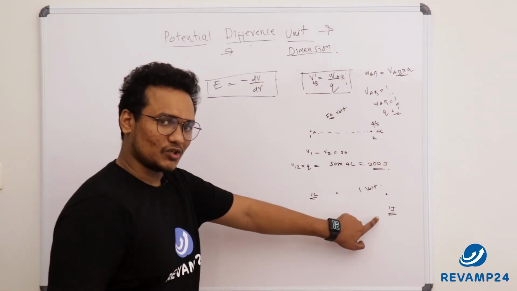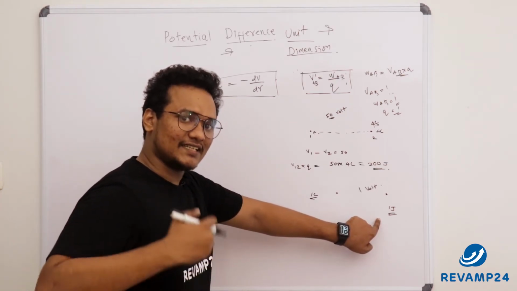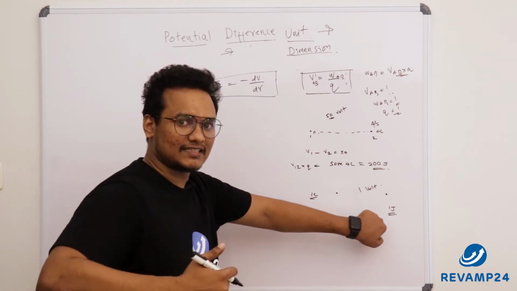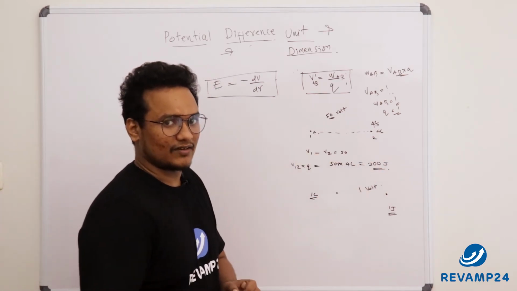What is 1 joule? 1 joule is the work done or change in energy. Here, change in energy will be nothing but work done. That is nothing but energy conservation, right?